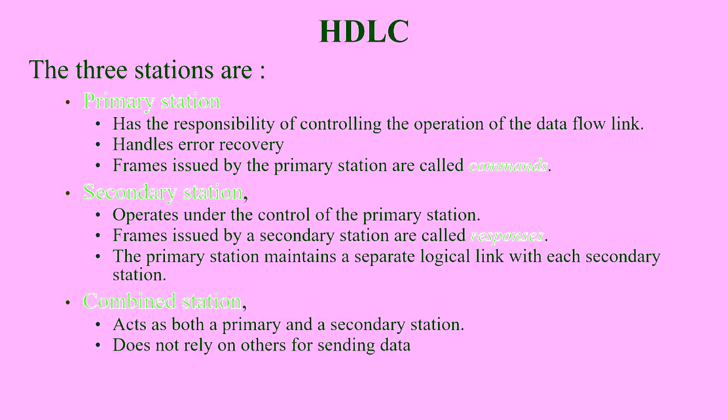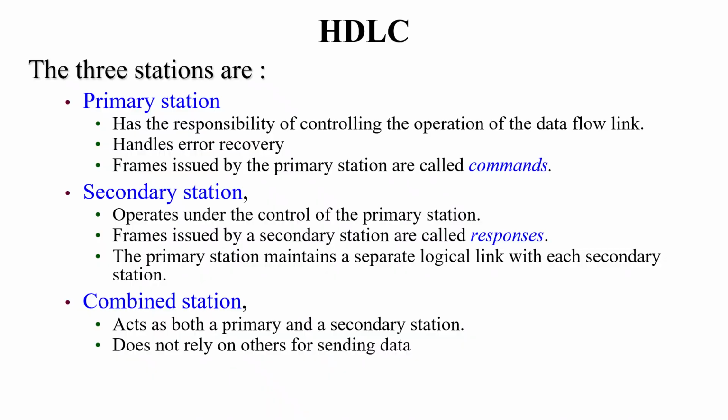HDLC defines three types of stations: primary, secondary, and combined. The primary station controls the operation of data flow on the link and is responsible for error recovery. Frames sent by the primary station are known as commands. The secondary station operates under the control of the primary station and sends frames known as responses.